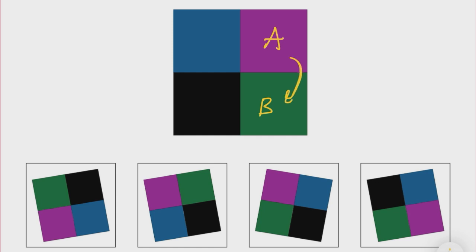Okay, so first of all, let me find out all the A's, because when looking at colors, it will be easier if we focus on one color at a time. Let's focus on all the B's. Okay, so this is clockwise, this is also clockwise, this is anti-clockwise, and this is clockwise.